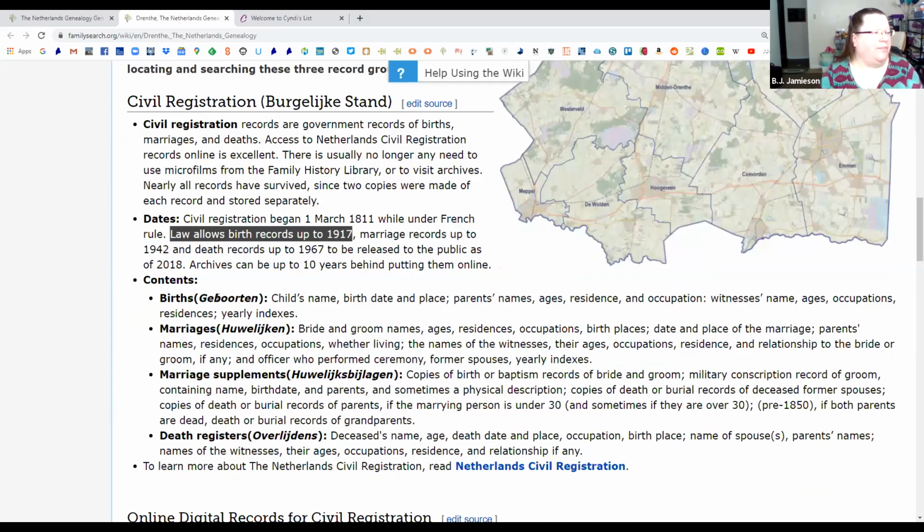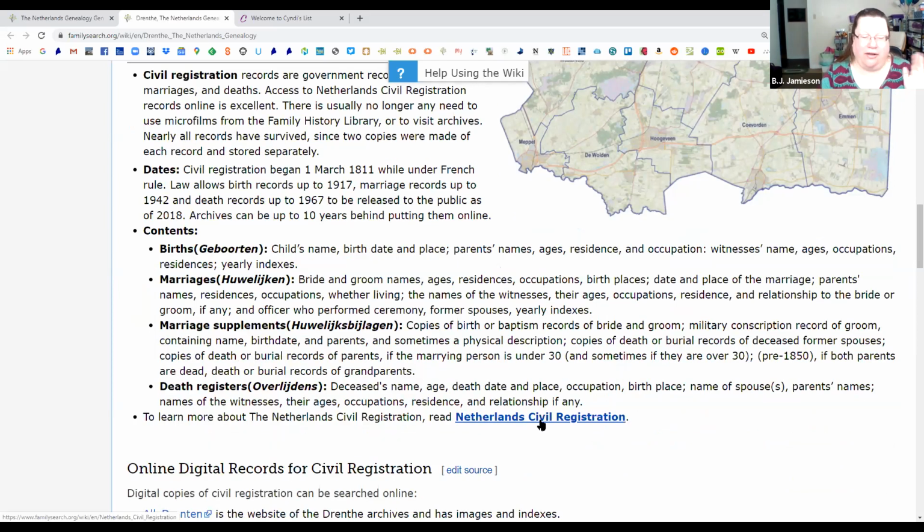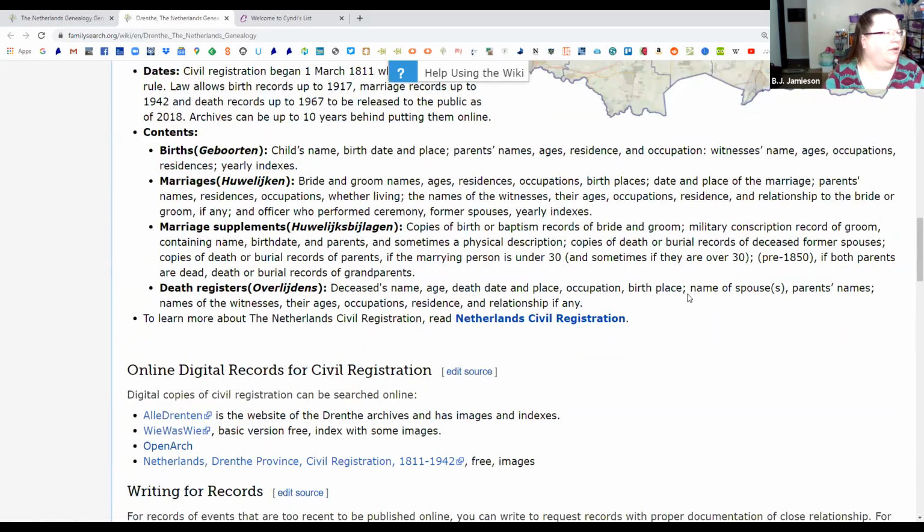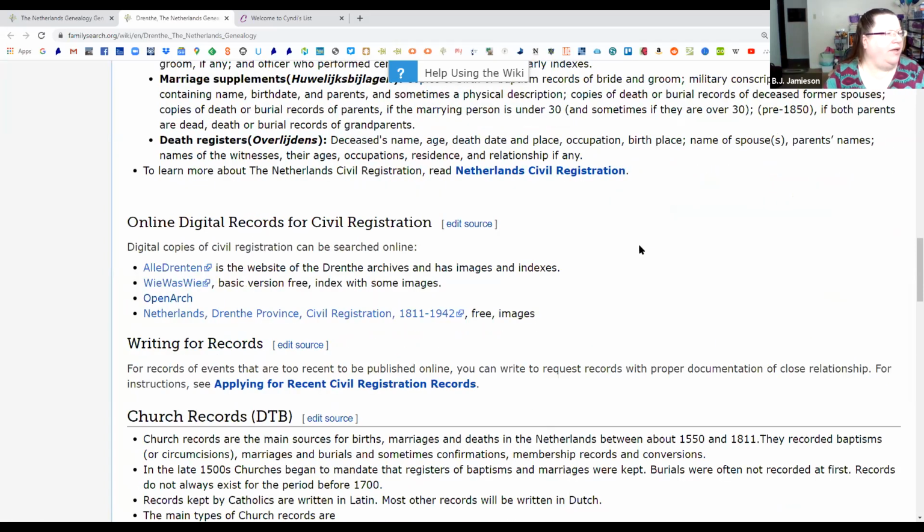Gives you births, marriages, in addition to the marriage supplements and deaths. There's a whole article on Netherlands Southern civil registration that you would want to read. And for example, here's the website of the archives.